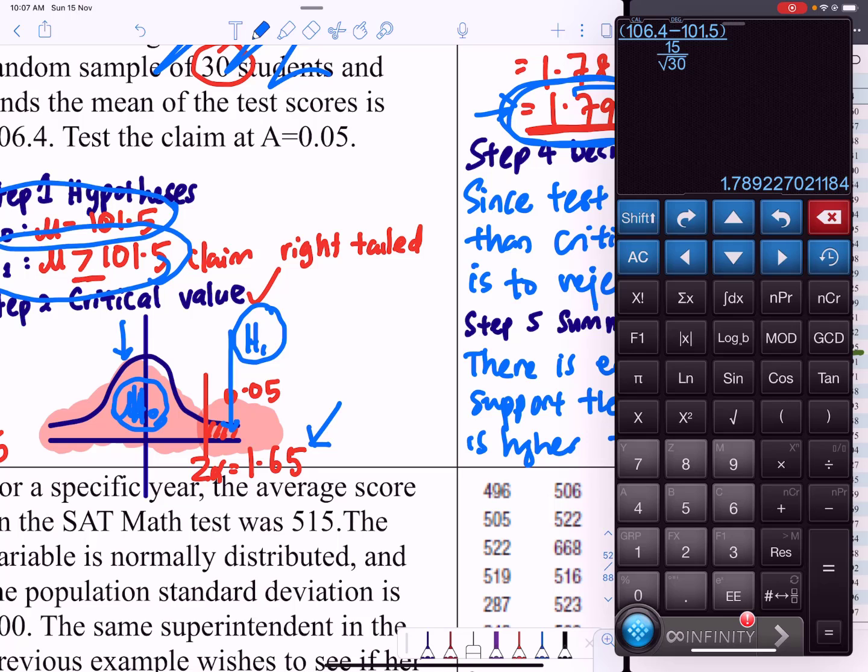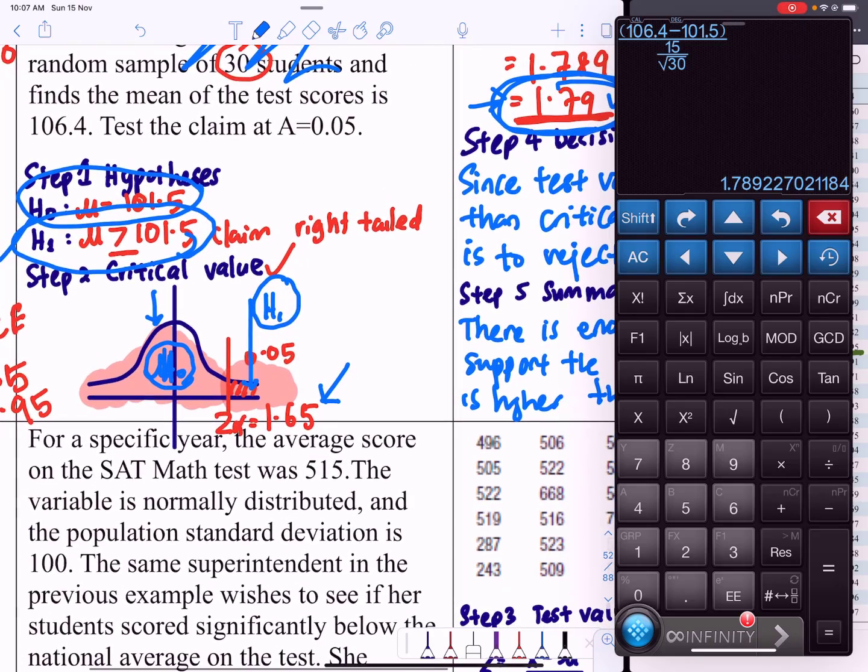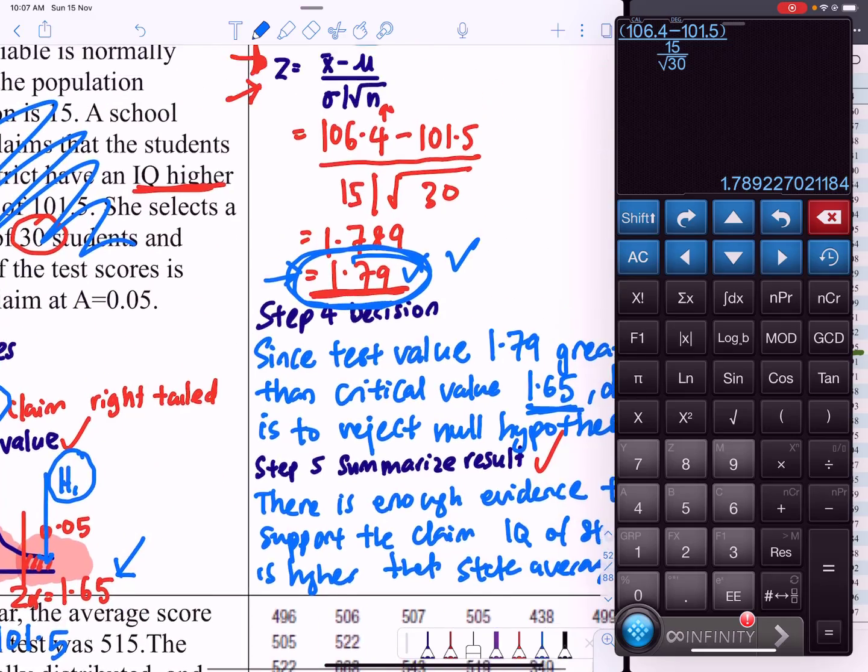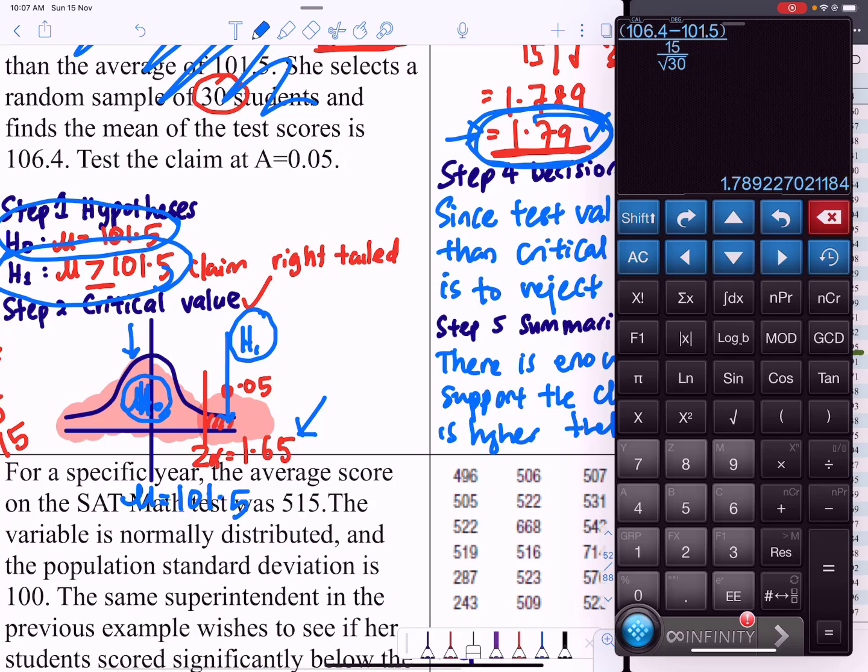If you still understand, 101.5 is the mean. And then we have 106.4, which is here, and we change it to the critical value.